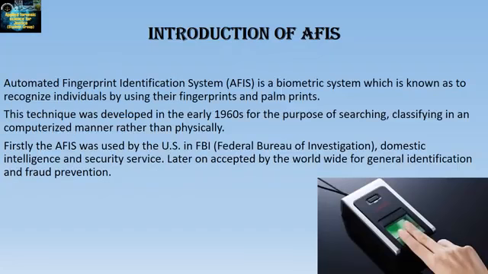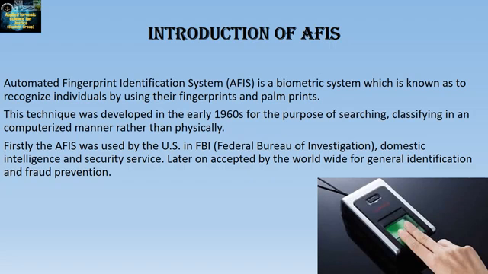Introduction. The Automated Fingerprint Identification System is a biometric system used to recognize individuals by using their fingerprints and palm prints. This technique was developed in the early 1960s for the purpose of searching and classifying in a computerized manner rather than physically.